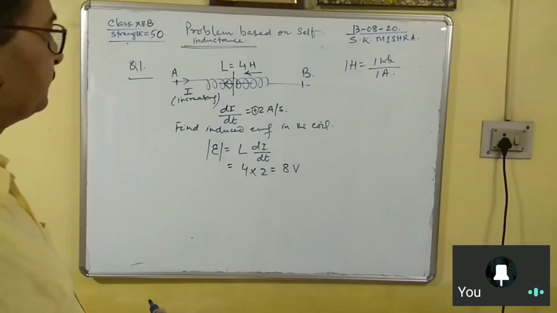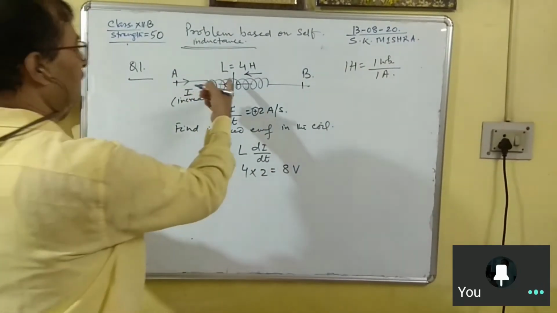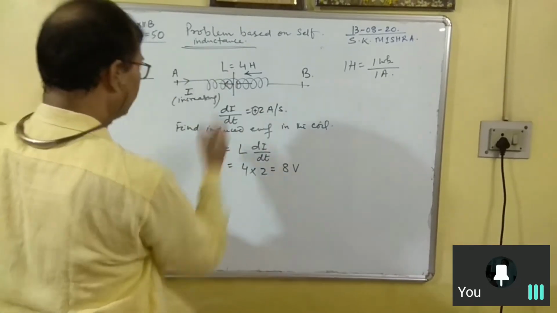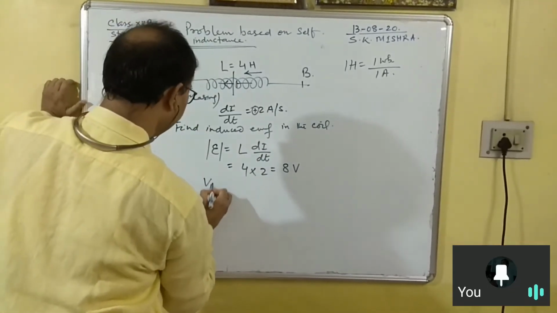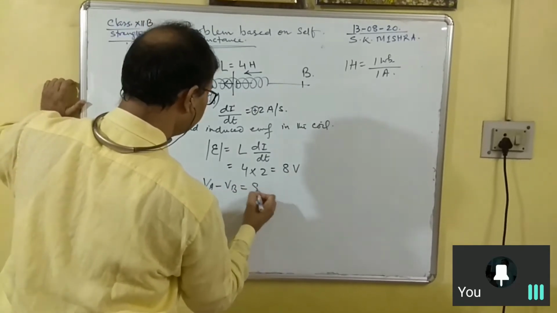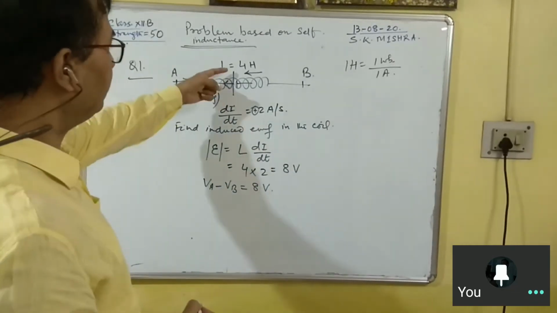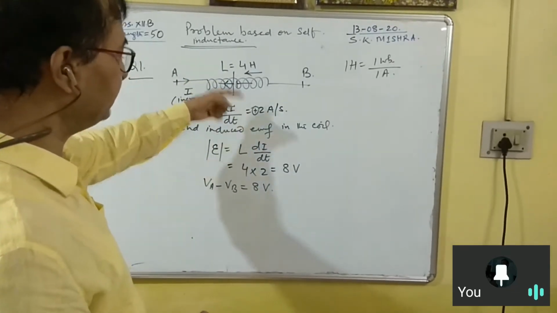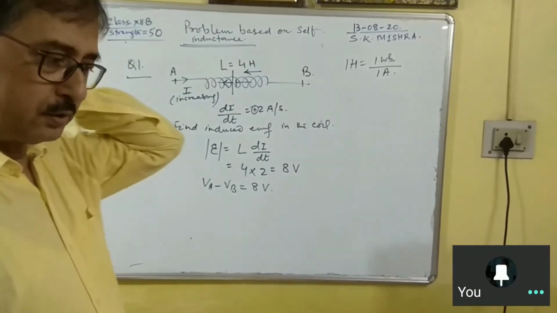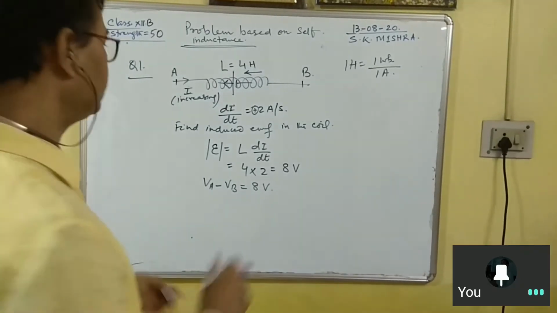Then VA minus VB: the positive terminal of the cell is coming first, so VA minus VB is plus 8 volt. So you have calculated the potential difference VA minus VB.